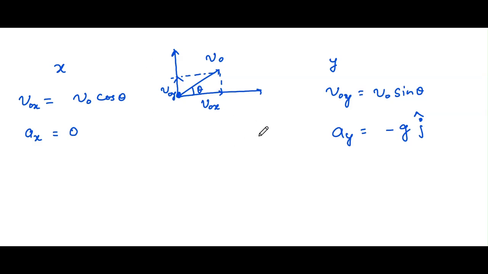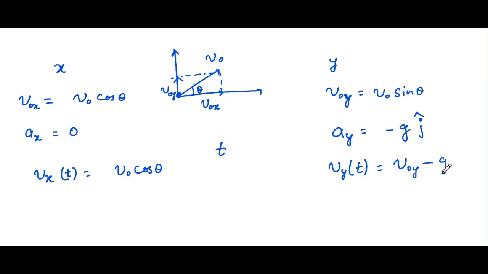Then at any point of time t, its velocity v x will be v naught cos theta, and v y will be v naught y minus g t, or v naught sin theta minus g t.